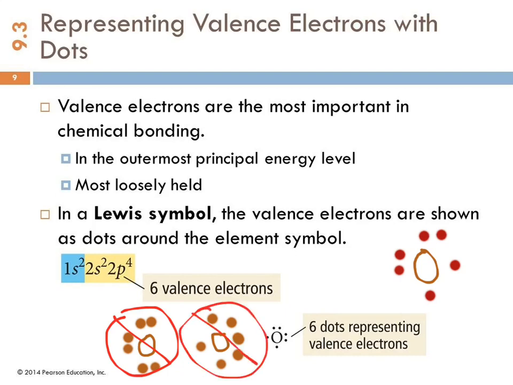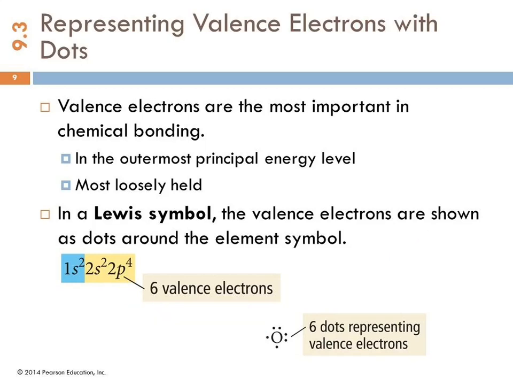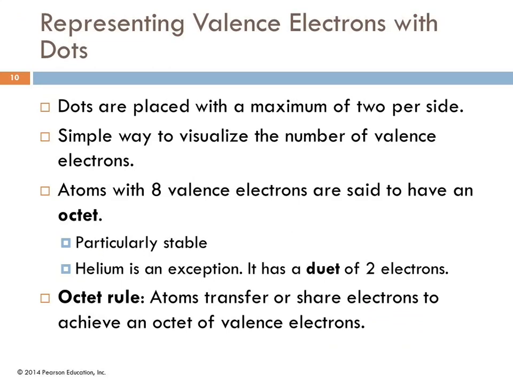Okay, that's not right either. We're going for top, bottom, right, and left. Put them in singly first and then pair them up. That works most of the time. Any questions? So maximum of 2 per side.